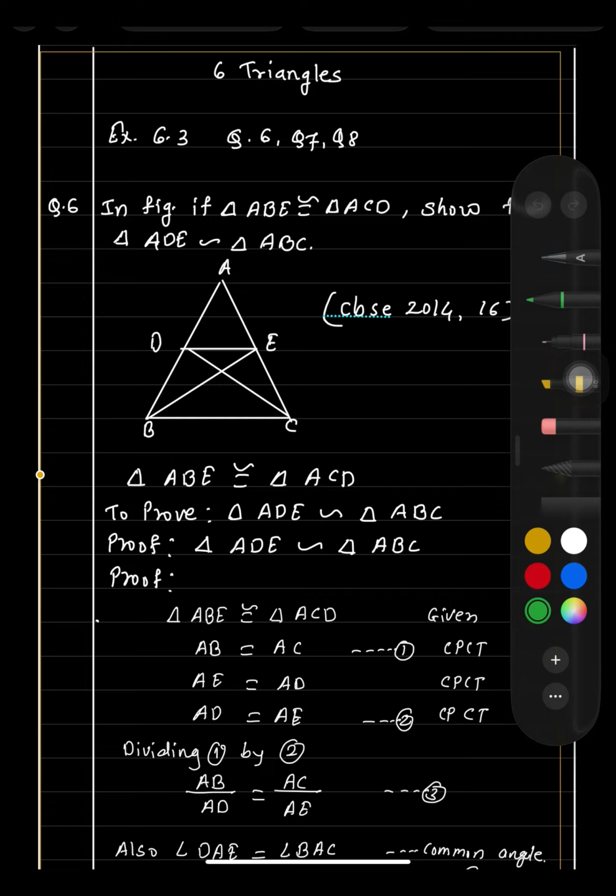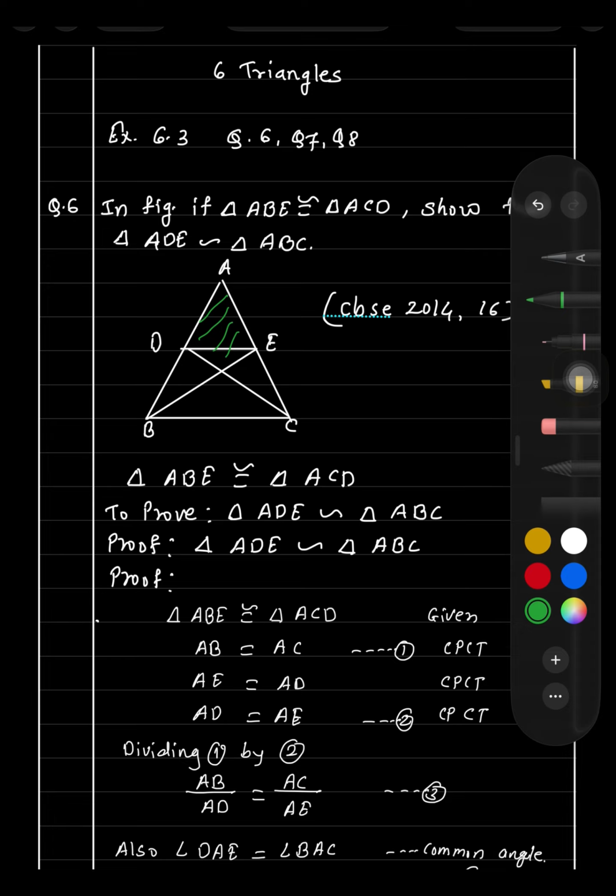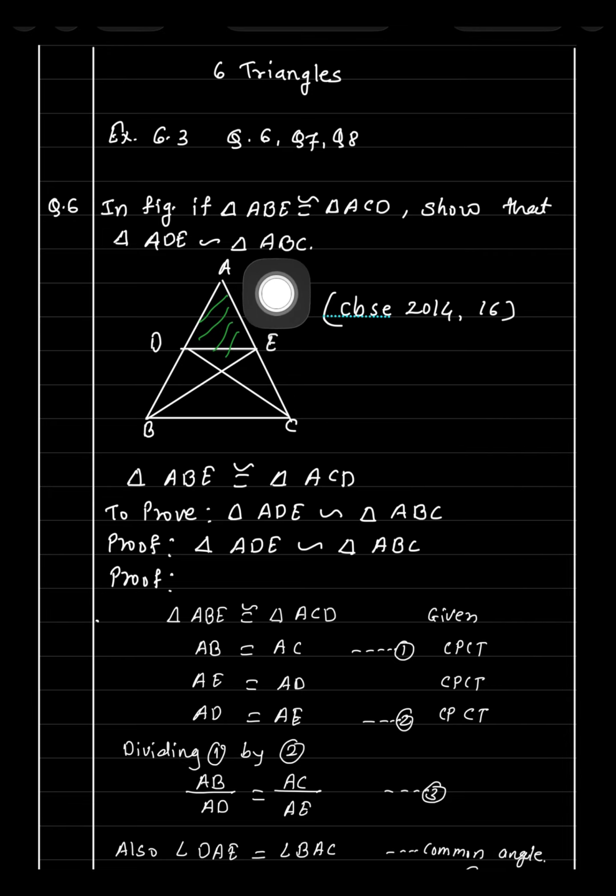This ADE we have to show similar to triangle ABC. And the other is given: triangle ABE is congruent to triangle ACD. So given congruent, and to prove it, you also write what is given in the question, then see the solution proof.